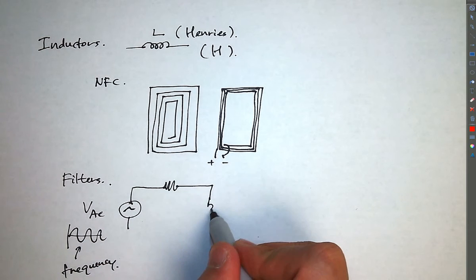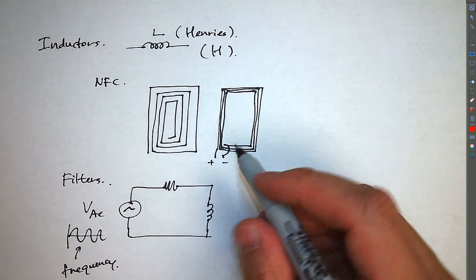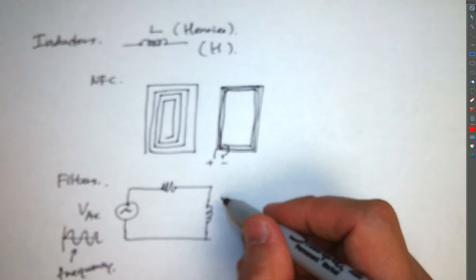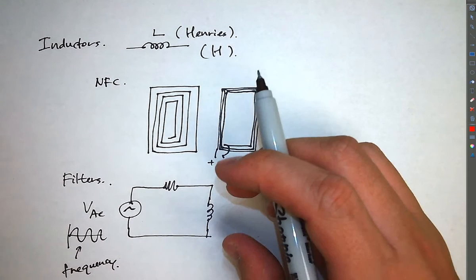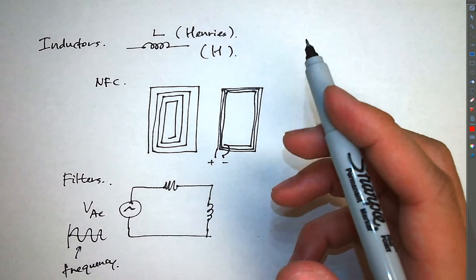goes through a resistor and can go through an inductor. Okay. And so if you measure the output across here, then basically what this circuit does is it filters either low frequencies or high frequencies.